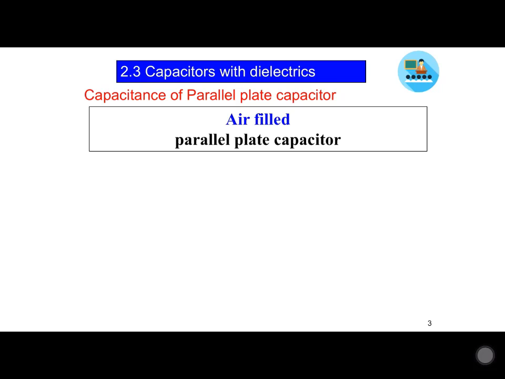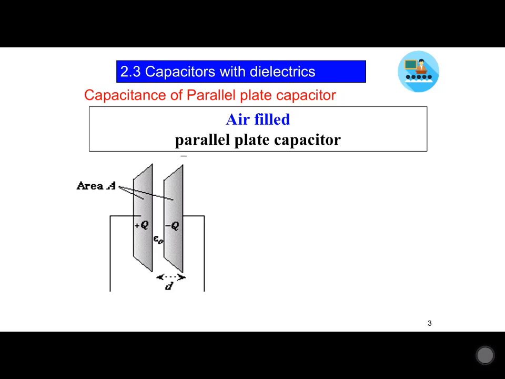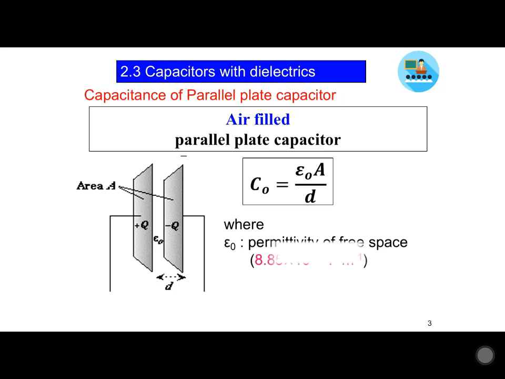For the capacitance of a parallel plate capacitor, with air filling the space between the parallel plates, we have the equation C naught equals epsilon naught A over D. Epsilon naught is the permittivity of free space.